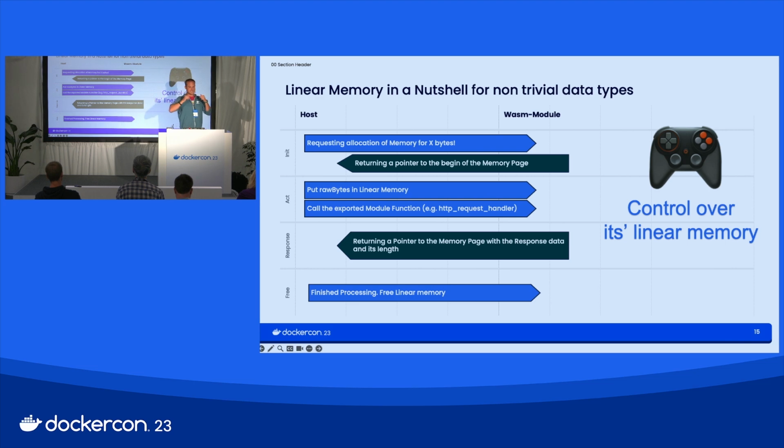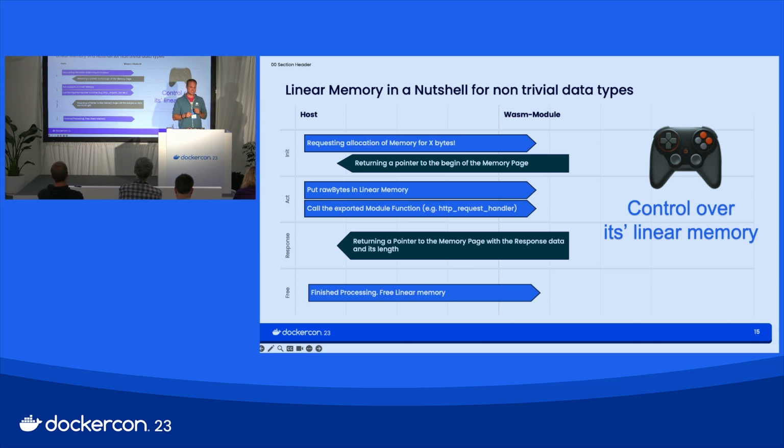So what we do, basically, is take the HTTP request and get its size. So how big is this HTTP request, including request body and headers and URI and arguments and cookies and whatnot. Then we ask the WebAssembly module, hey, dear WebAssembly module, I would like to send an HTTP request with n bytes.